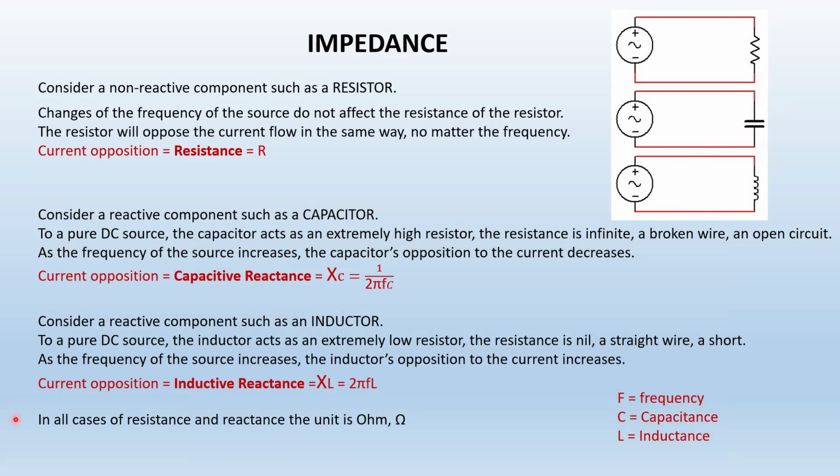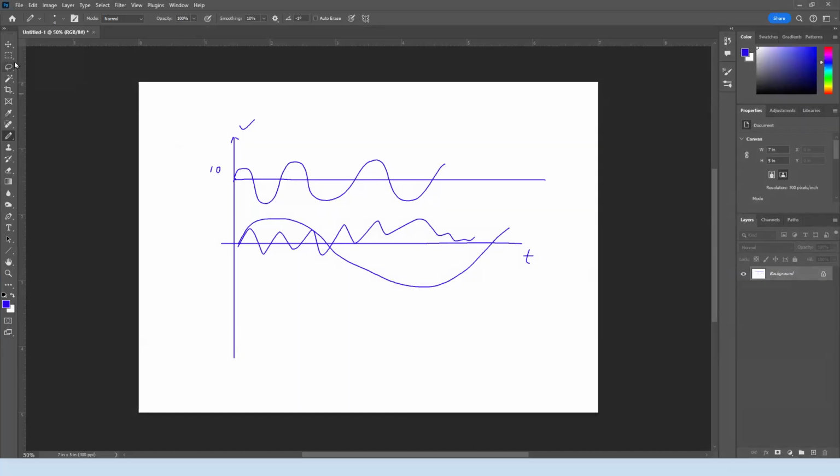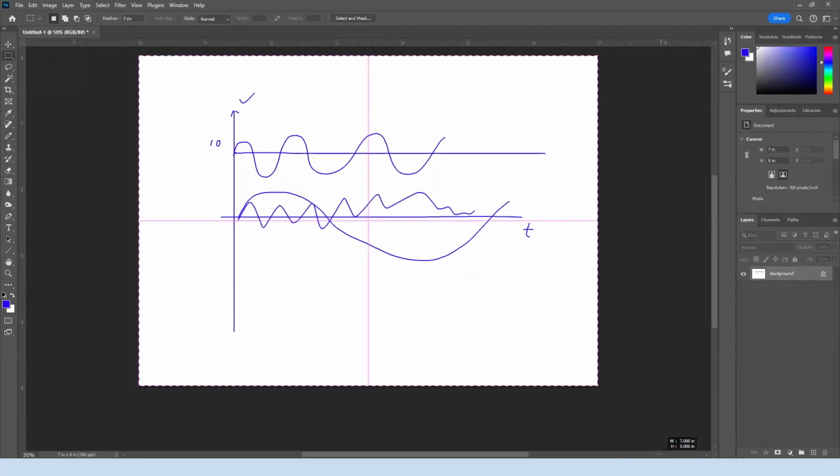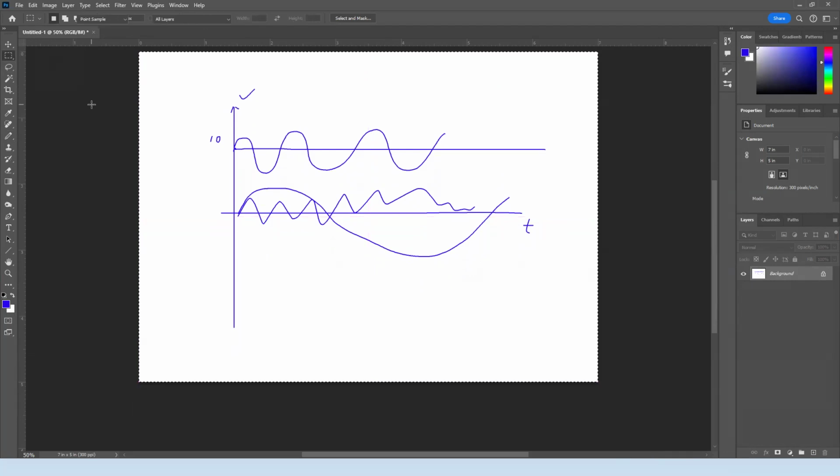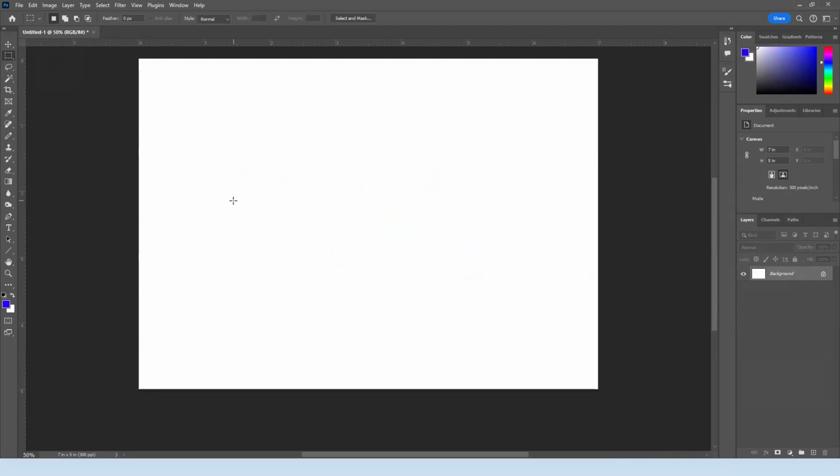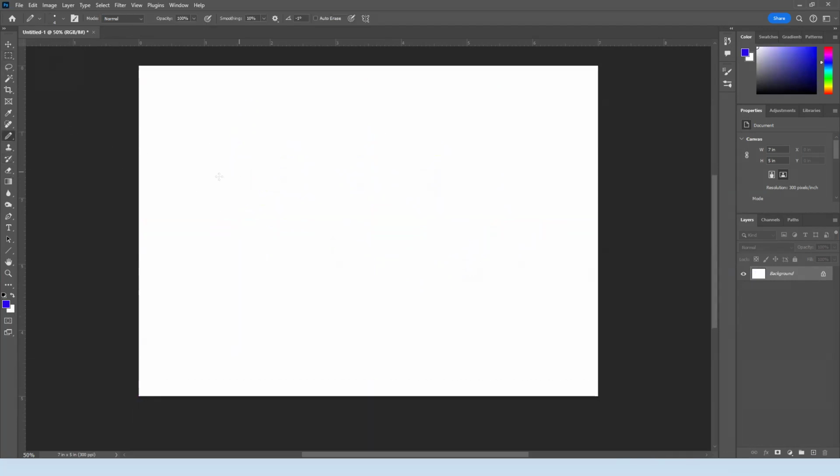How does that work? Well, let's just say we have terminals plus, minus, and we have 10 volts.